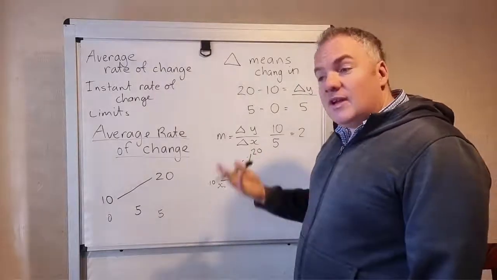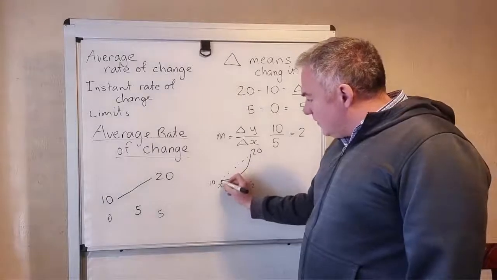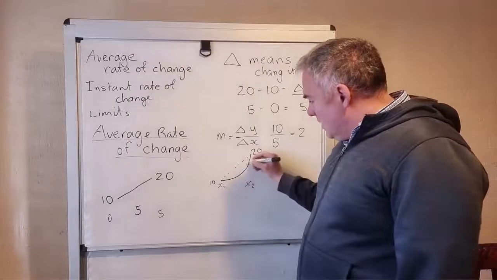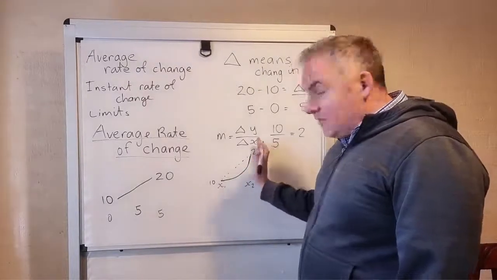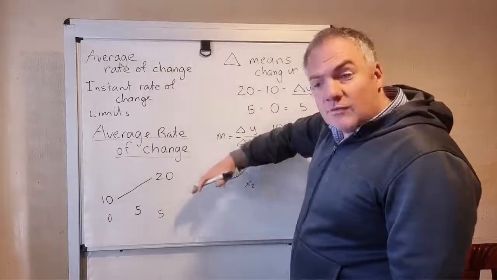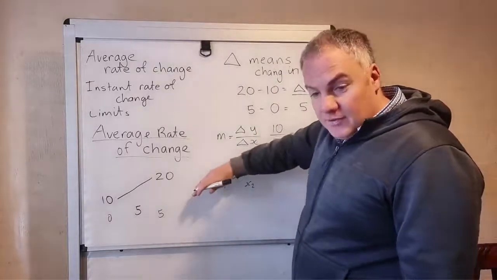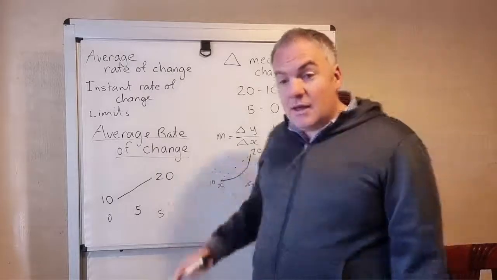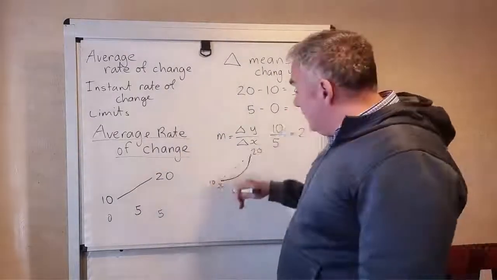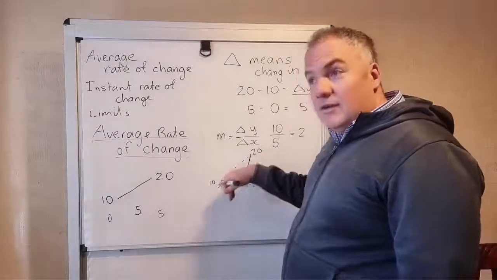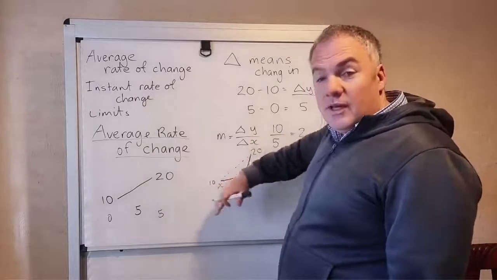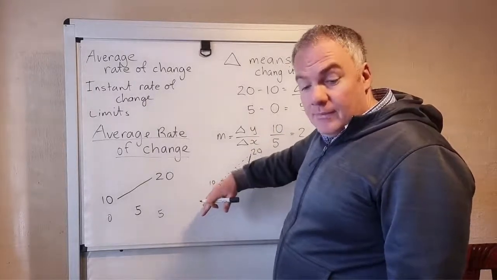Because it's an average. You'll notice that it's changing a lot less at the start, and then it's moving up a lot steeper than 2 at the end, but as an average, your rate of change will be the straight line between them. And that's an important thing. Your average rate of change is equivalent to the straight line distance between 2 points. That straight line will be your average.